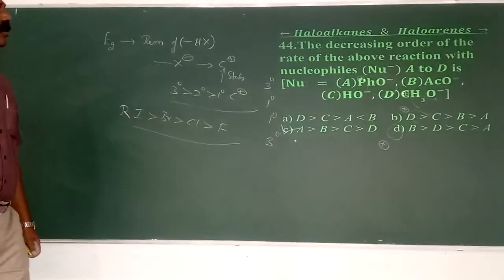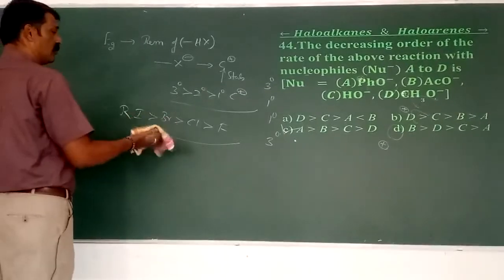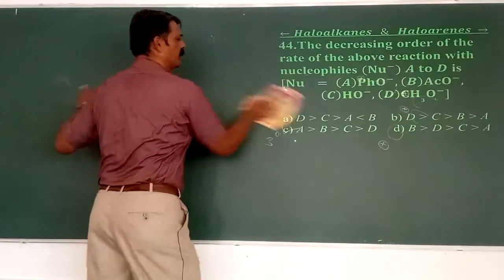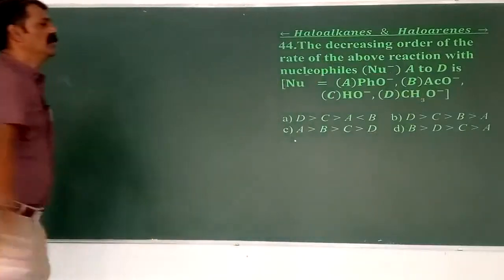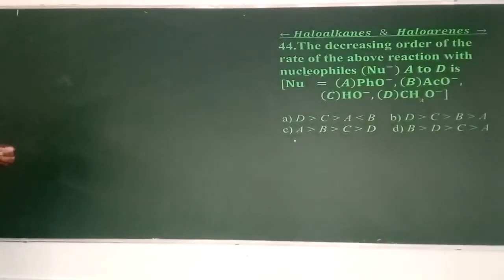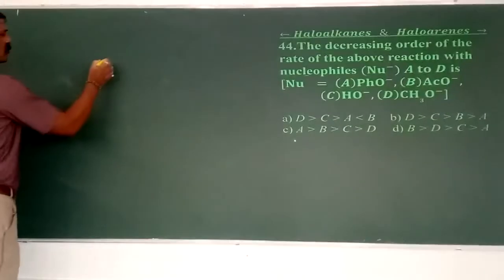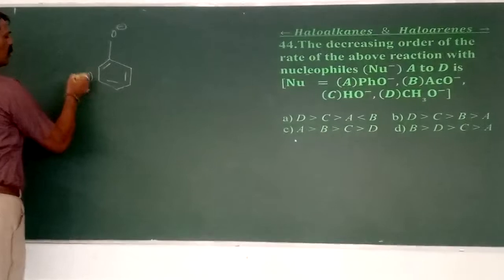The decreasing order of rate of the above reaction with the nucleophiles, Nu minus, from A to D is asked. The decreasing order they are mentioning. Let us first take PhO minus, called A right now.